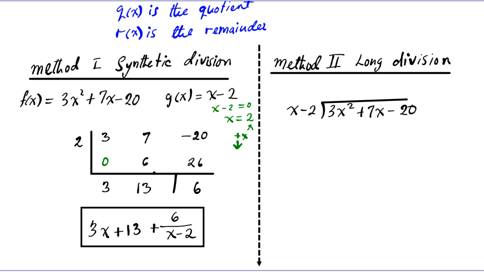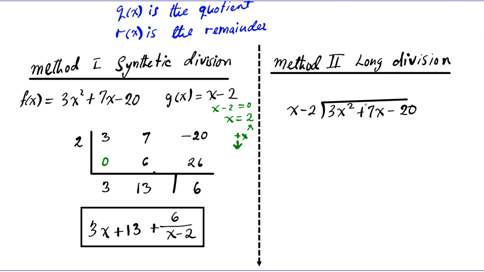So all you do is you focus on the leading term of the divisor and the leading term of what you're dividing. In this case, we're dividing the entire dividend at this time, so that's what we'll look at. So how many times does x go into 3x squared? That's the question. Another way you can look at it is x times what gives you 3x squared. So just divide it.